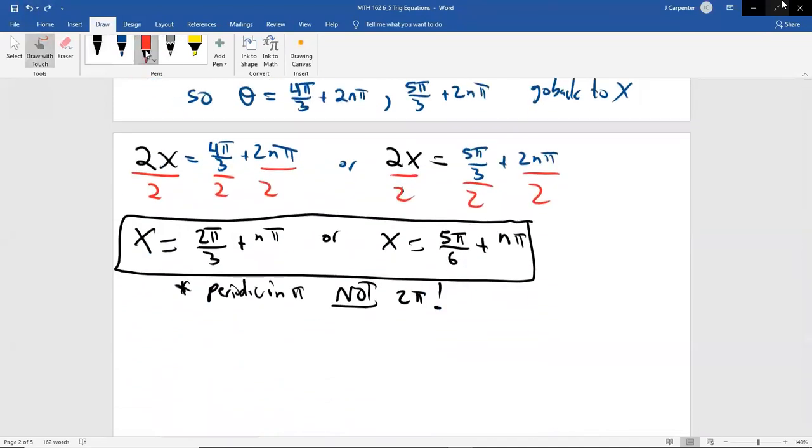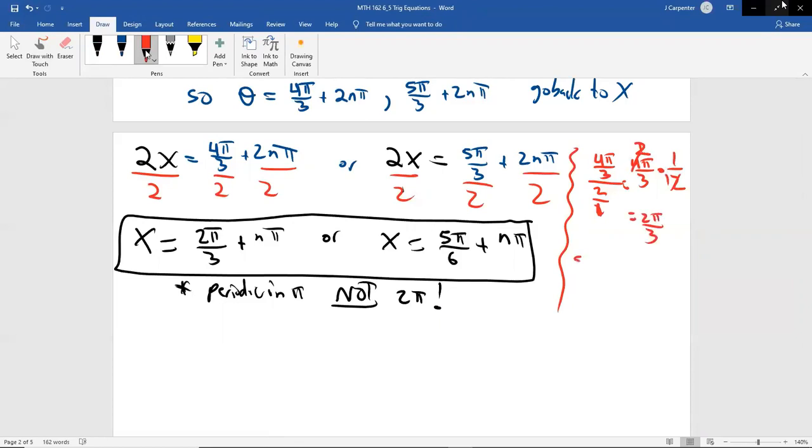All right, so where did this math come from? The 4 pi over 3 divided by 2, that's divided by 2 over 1. So that's 4 pi over 3 times 1 over 2, and then the 4 reduces to a 2 and the 2 reduces to a 1, giving you 2 pi over 3.